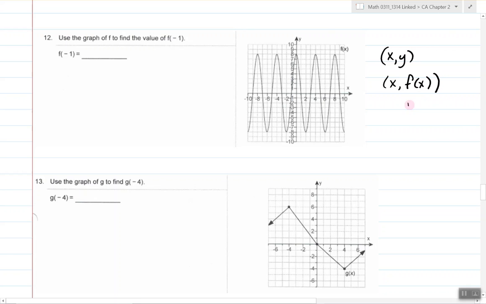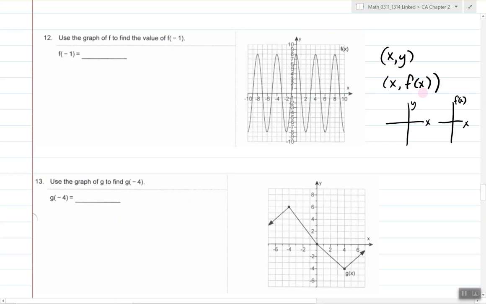If you have a coordinate plane that you used to call the xy coordinate plane, now you have an x, f of x coordinate plane. Do not let it bother you. Just remember that f of x is a new name for y, but it provides extra information.